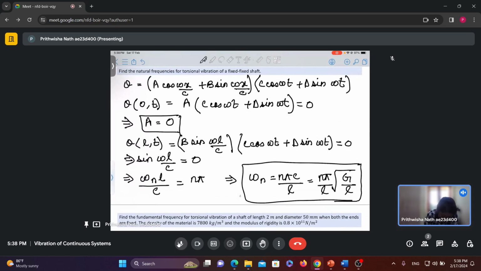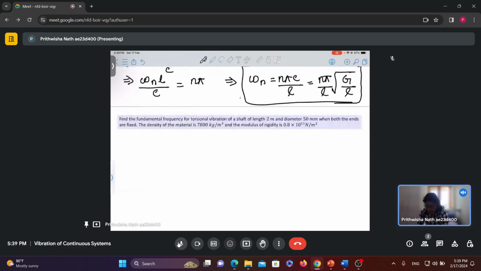Now for the next question, it is asked, find the fundamental frequency for torsional vibration of a shaft of length 2 meter and diameter 50 millimeter when both the ends are fixed.